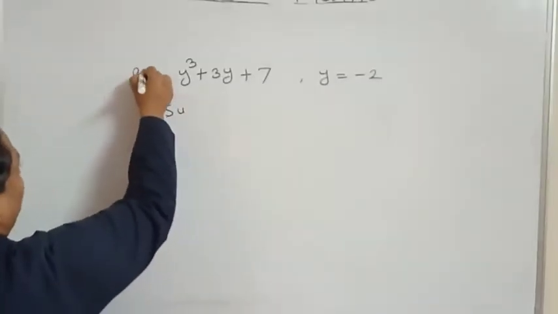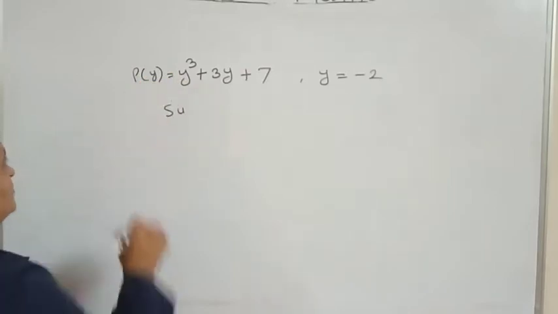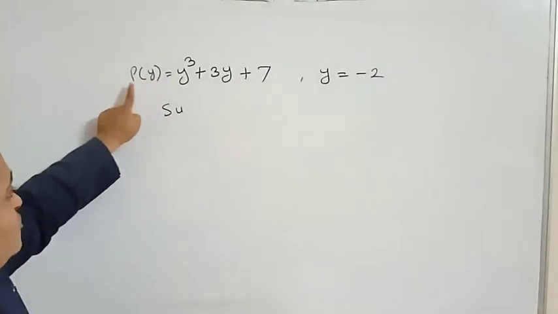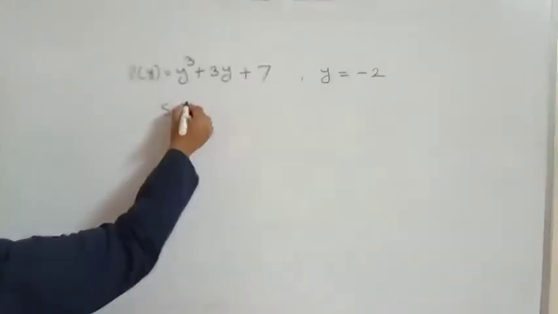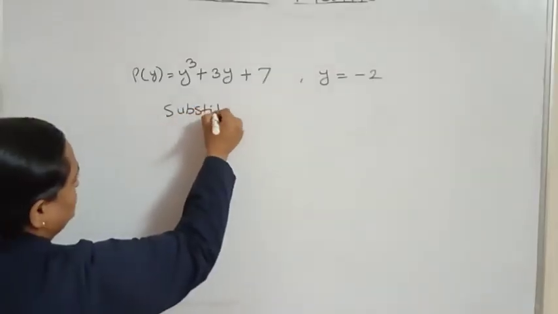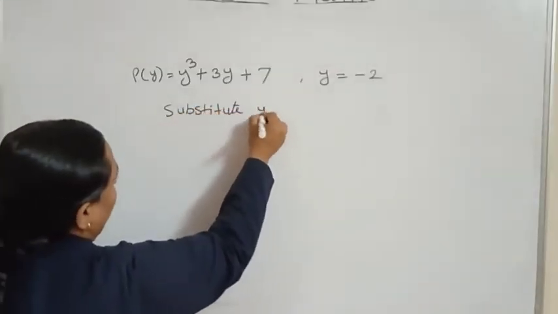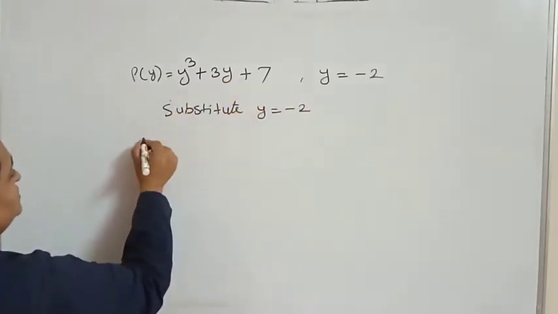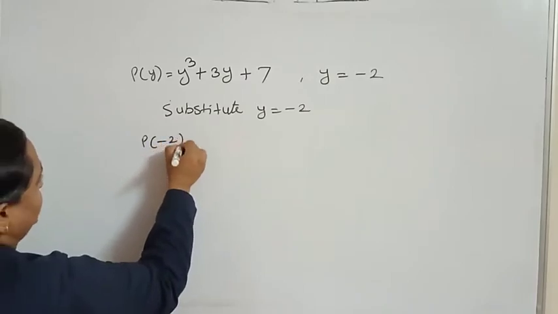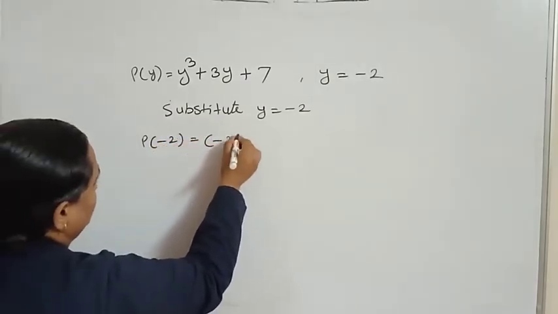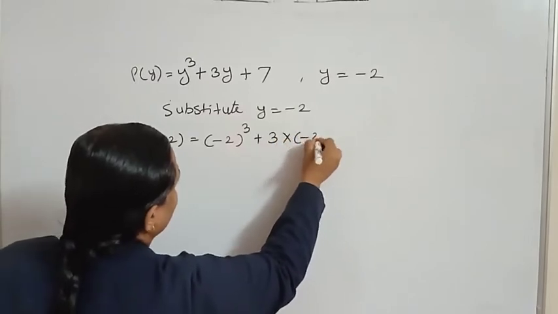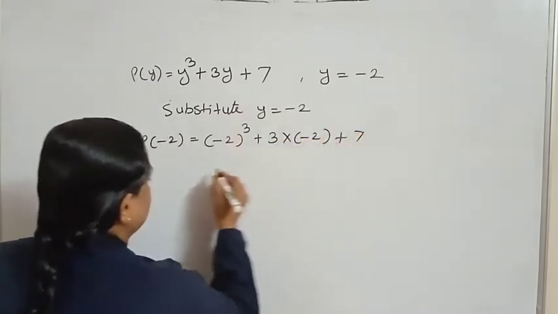Here we can write p of y. P of y means what? A polynomial in the variable y. Therefore p of y is equal to, then substitute y is equal to minus 2 in the given polynomial. Then p of minus 2 is equal to minus 2 cube plus 3 into minus 2 plus 7.